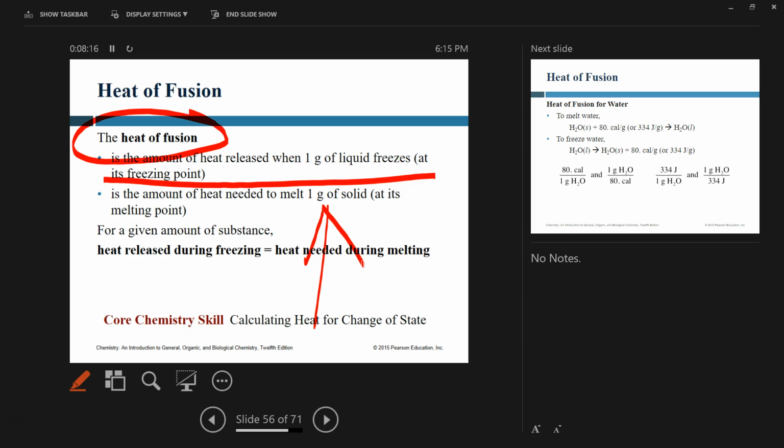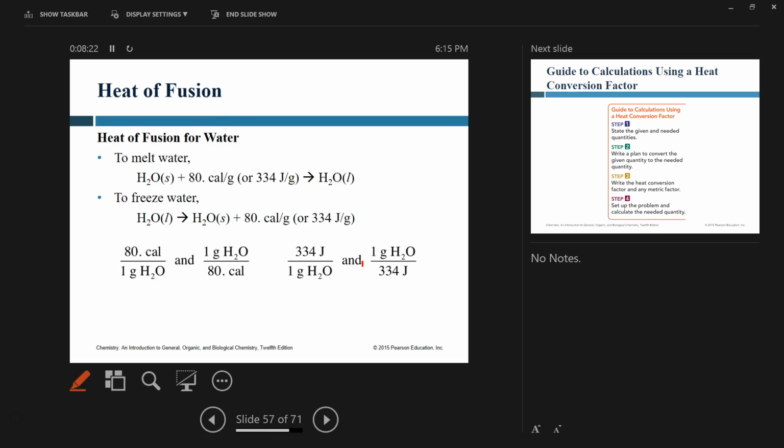For instance, the heat of fusion for water is 334 joules per gram. Does that make sense? That's just the number.